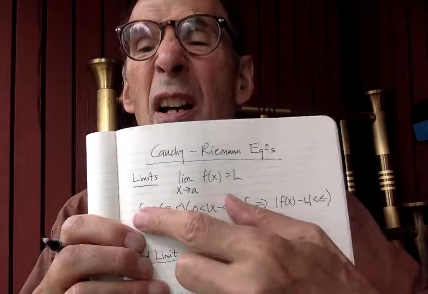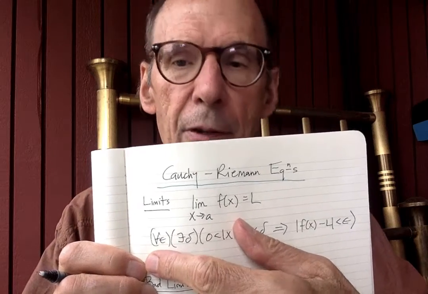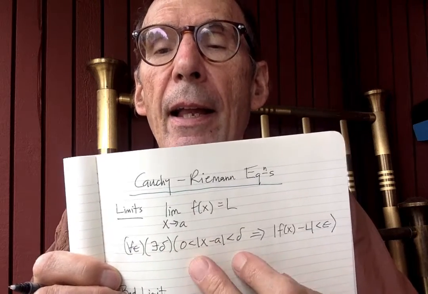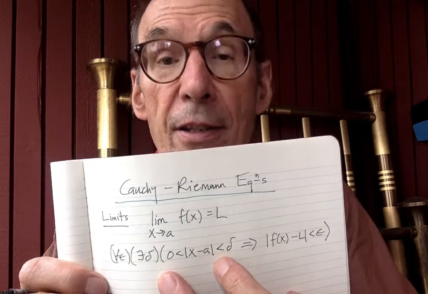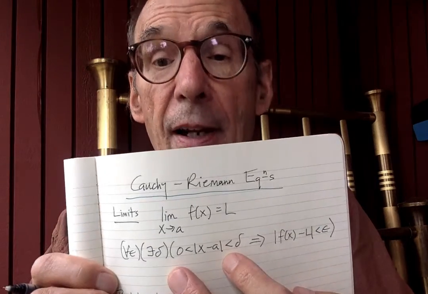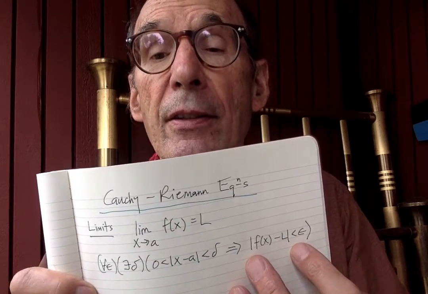Implication is a little bit flaky, but we're just going to go with it for now. So this is the exact definition of limit that you learned when you first learned about limits. For every epsilon greater than 0, there exists a delta, and the implication is that if x is near a, then f of x is near L.